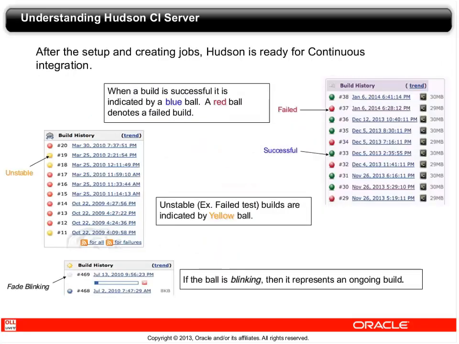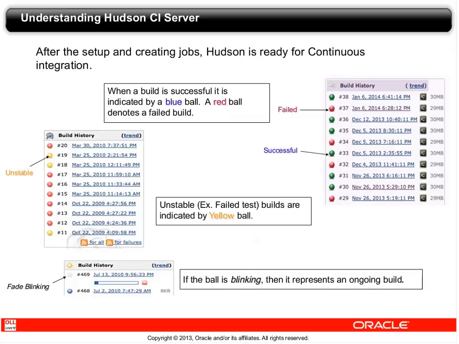To understand Hudson, if you have already used it for your purpose, you should know that it is able to provide you the status of the job in the build history.